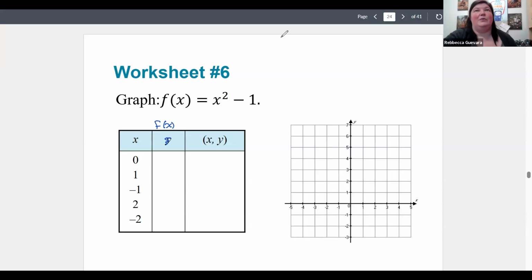So we need to figure out what f of 0 is, f of 1 is, f of -1, f of 2, and f of -2. Instead of writing these all out, I'm going to make these go a little faster for us. So we need 0 first.